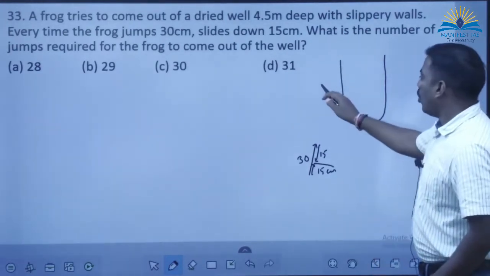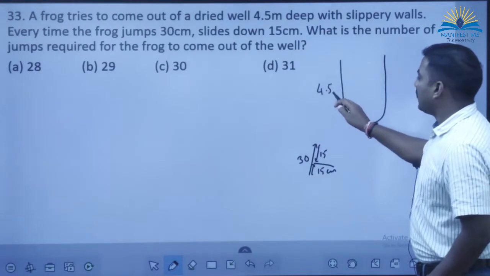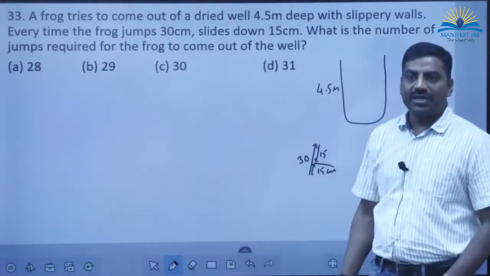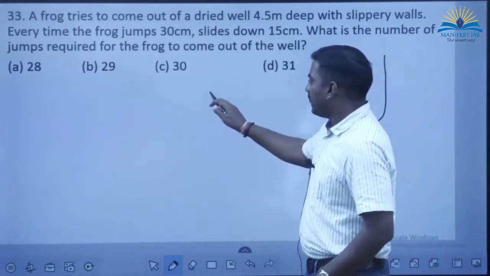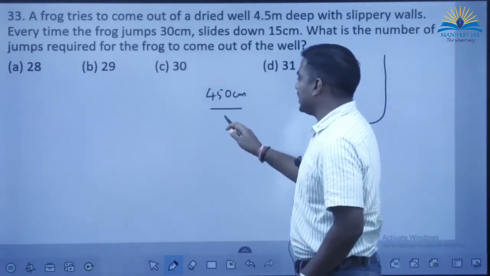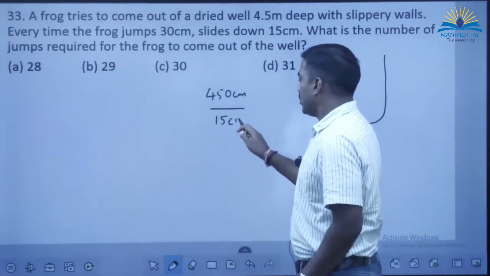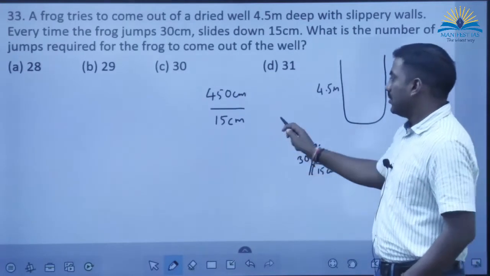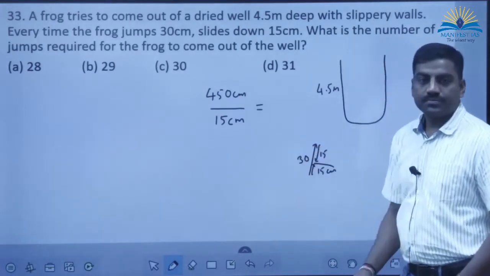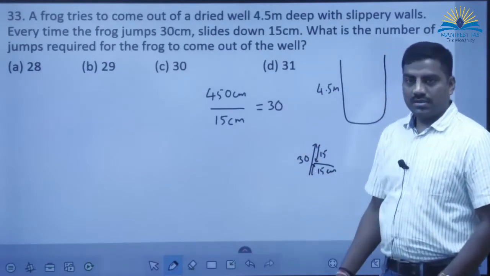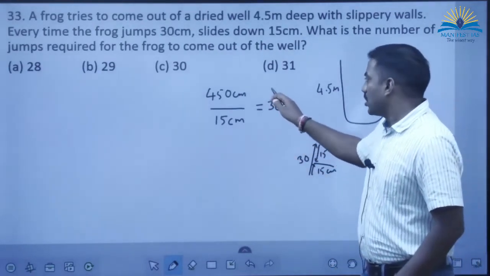But totally, how much is the height of the wall? 4.5 meter. Convert into centimeters: 450 centimeters. But every time it is gaining the elevation of only 15 centimeter. So what is the value for this? 30. Looks so simple. That is why this answer is wrong.